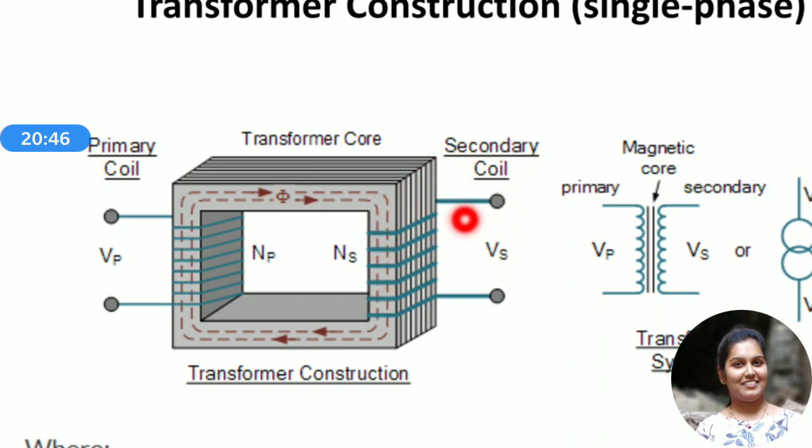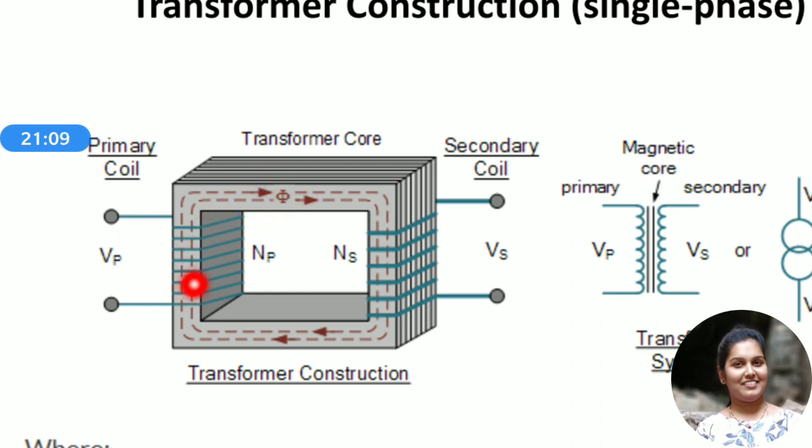That winding is the secondary coil, and that voltage is the secondary voltage. The number of turns on the secondary side we indicate with the letter NS. So NS is the number of secondary windings, and there will be a flux induced which is indicated by phi.